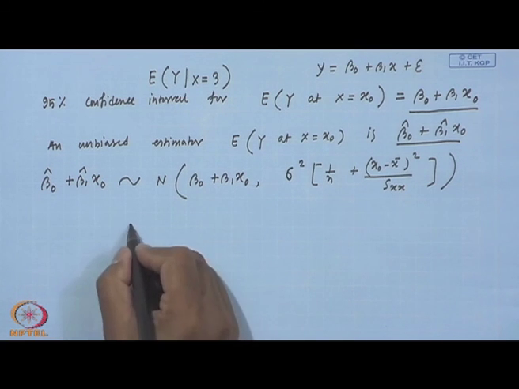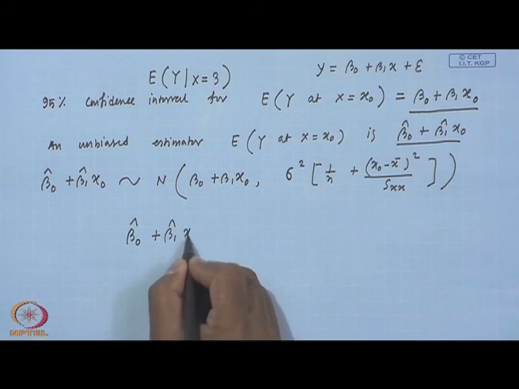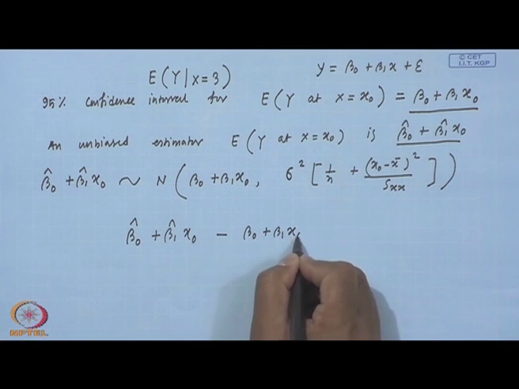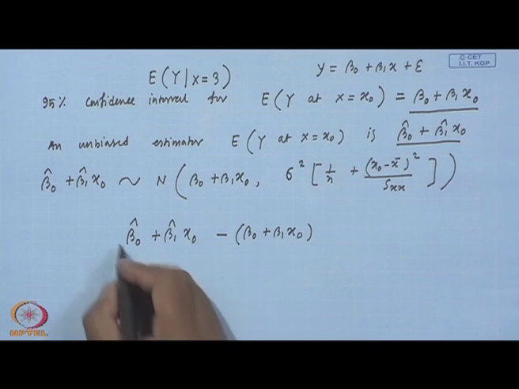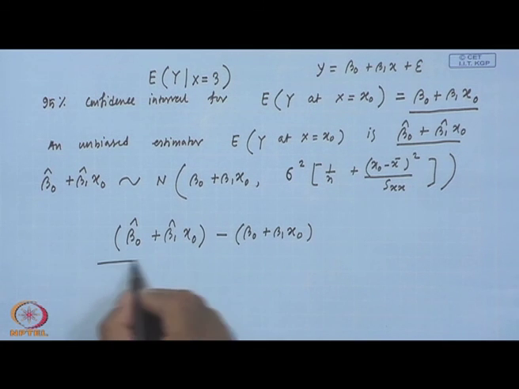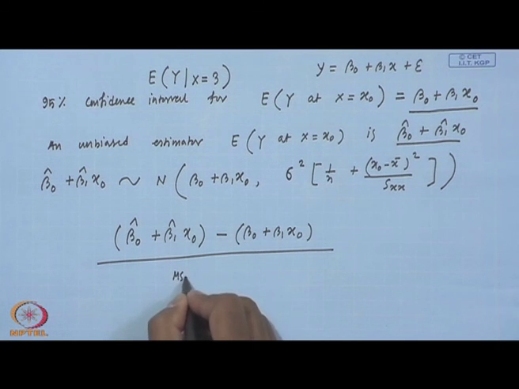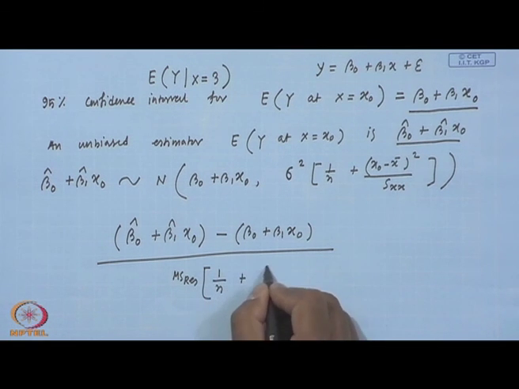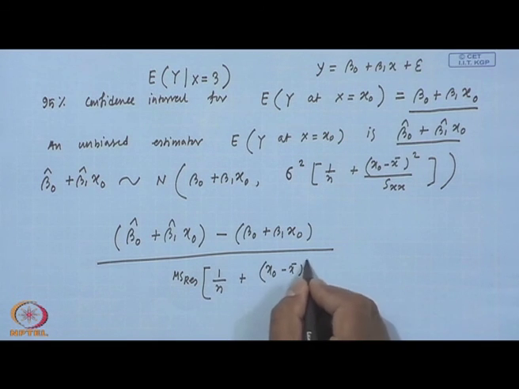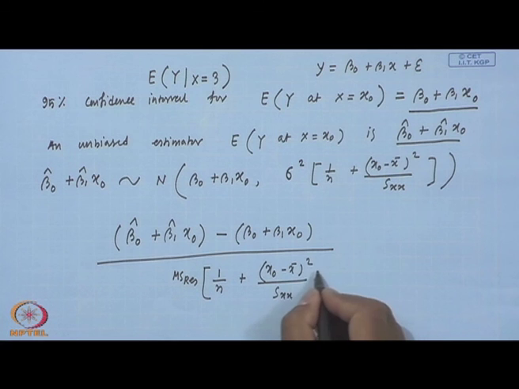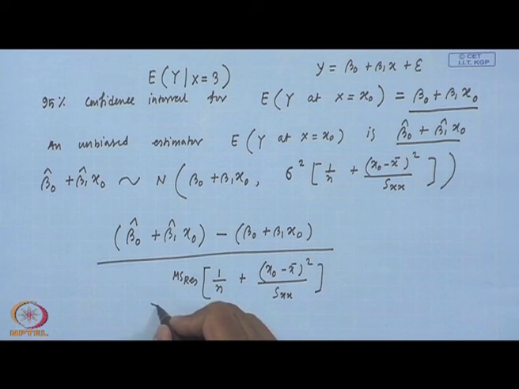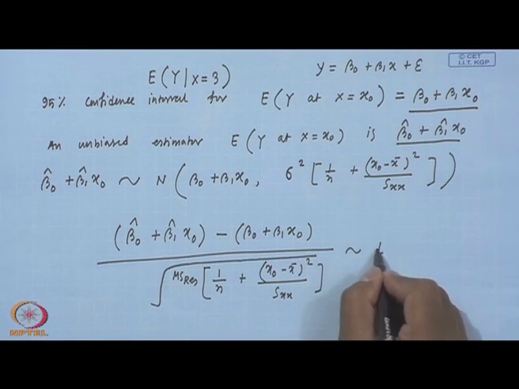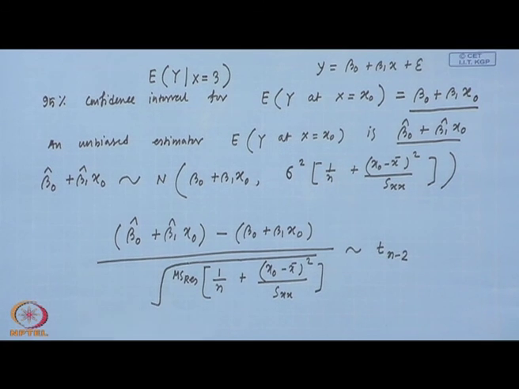Beta naught hat plus beta 1 hat x naught minus the mean beta naught plus beta 1 x naught, for which we are looking for a confidence interval, divided by the square root of MS residual times 1 by n plus x naught minus x bar whole square by S x x, follows a t distribution with degree of freedom n minus 2.